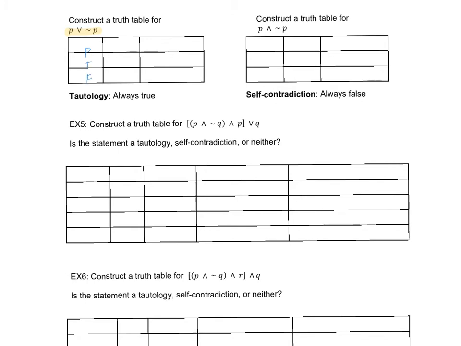So my goal is to get P or not P. I don't have not P, so I need to figure out what that is first. So if P is true, false, not P would be false, true. And now when we look at this or statement, P or not P, we're looking at true, false is true, false, true is true.